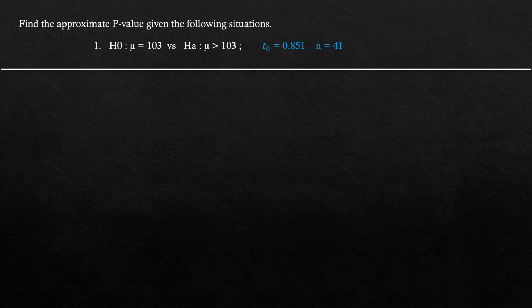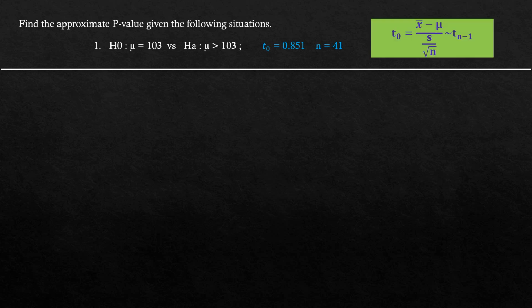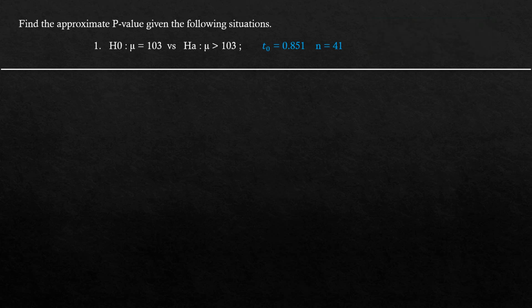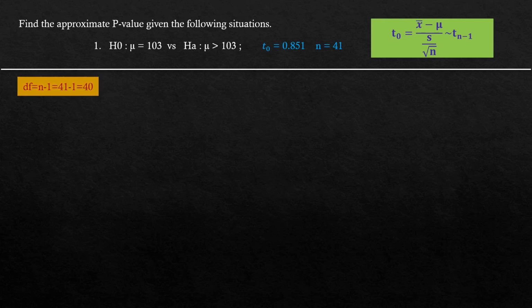You know this test statistic has the t distribution with n minus 1 degrees of freedom. So let me find the degrees of freedom first. It is 41 minus 1, equal to 40. Once we know the degrees of freedom, we need to consider the t curve.